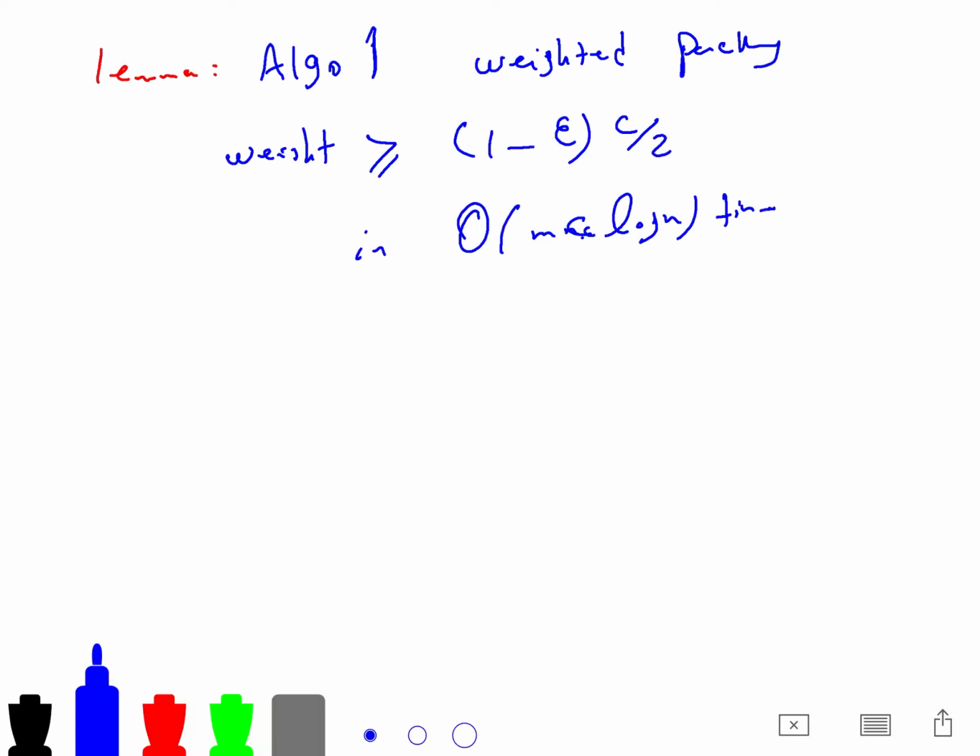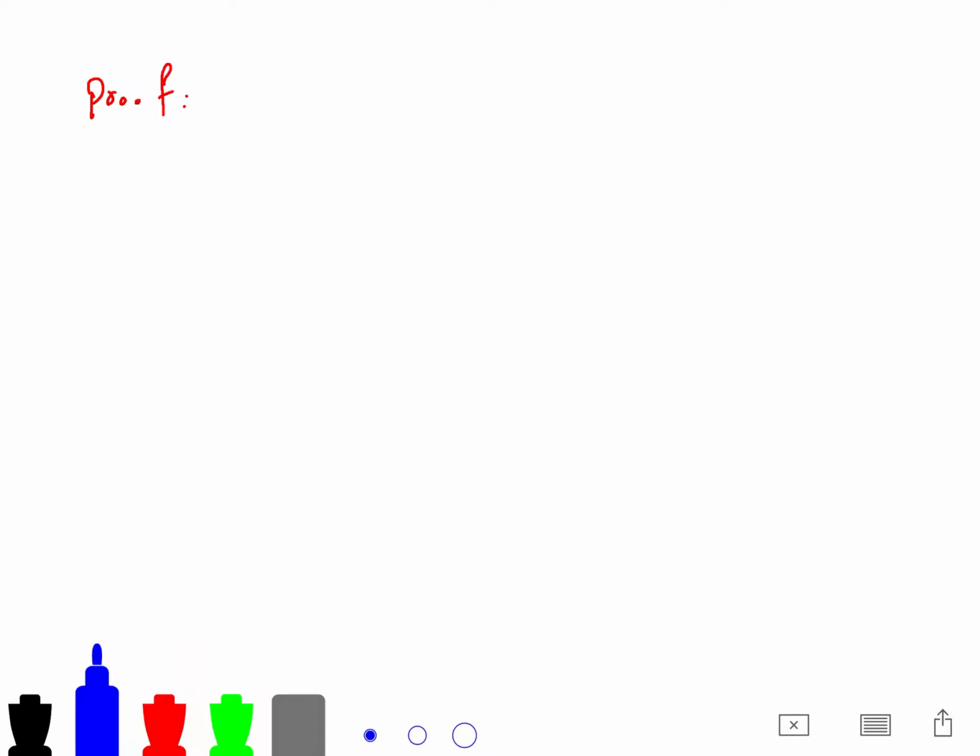The proof is very simple, because on each iteration the weight of some tree is increased by epsilon squared over 3 ln of m.